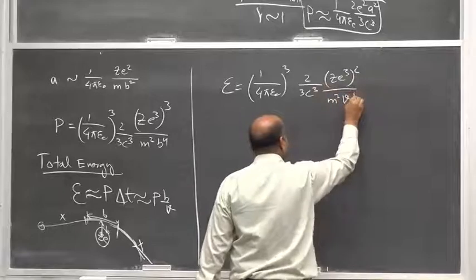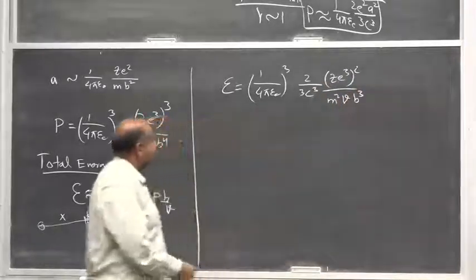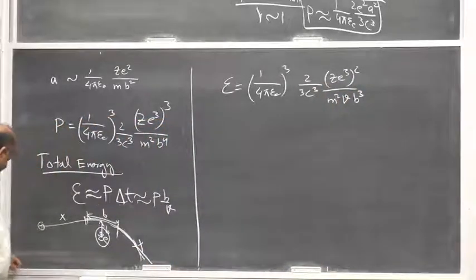M square b v. So ये इसकी जो है वो एनर्जी है जो ये हमने लिखा है, टोटल एनर्जी ड्यूरिंग दिस प्रोसेस.